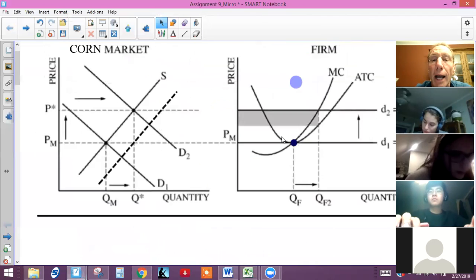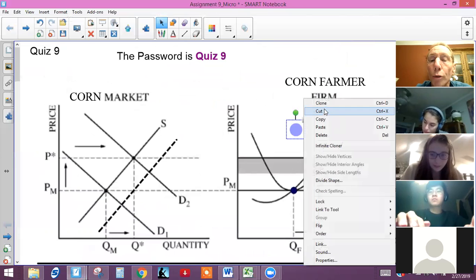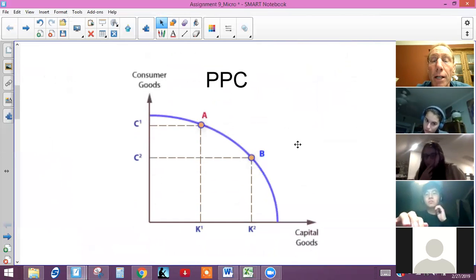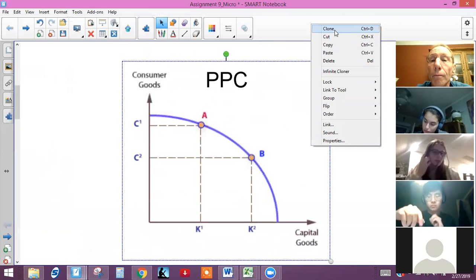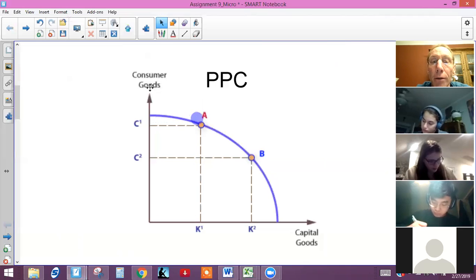And the fact that it is bowed or concave means that as we move down the curve, we're gaining in capital goods, but we're losing in consumer goods.